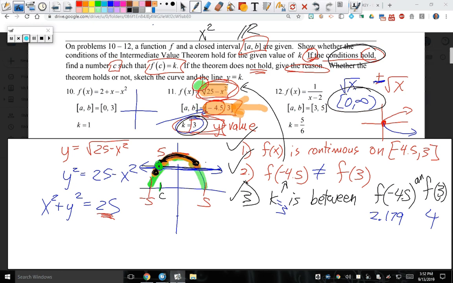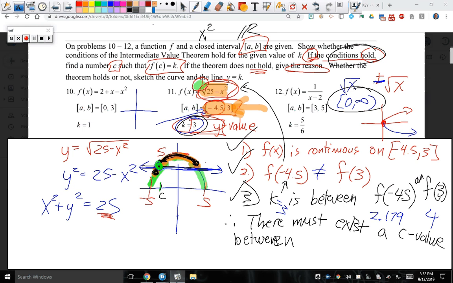So these are all true. Therefore, there must exist a c value. So the rest of the y values would be between, or you could say on, negative 4.5 all the way to 3, with parentheses, because you're not saying including the endpoints.